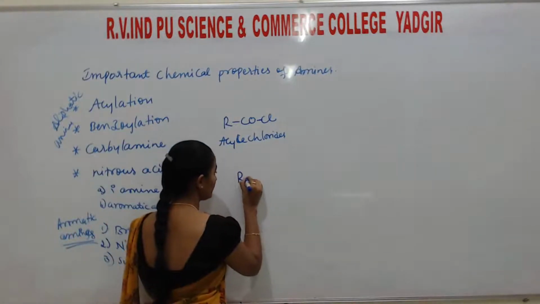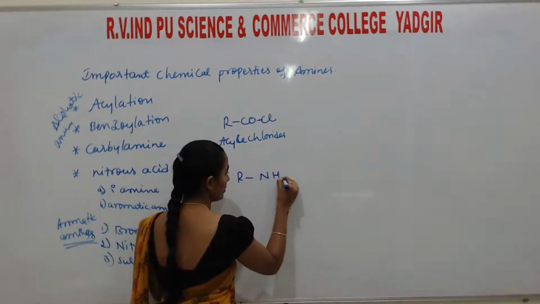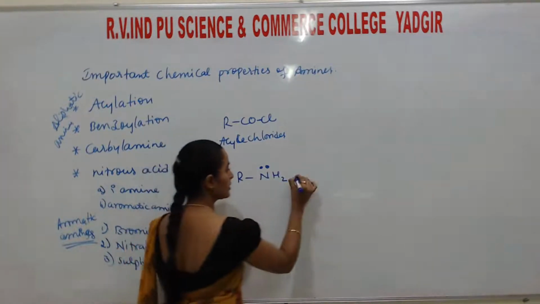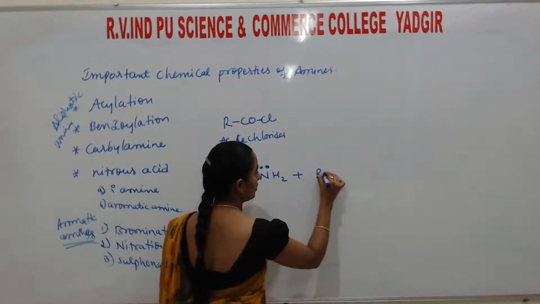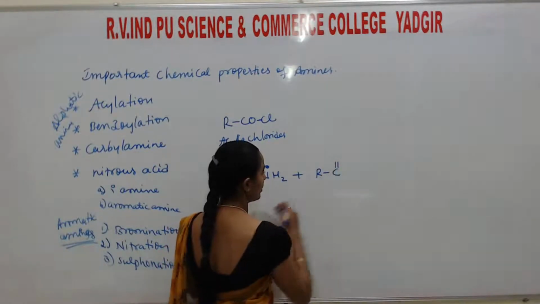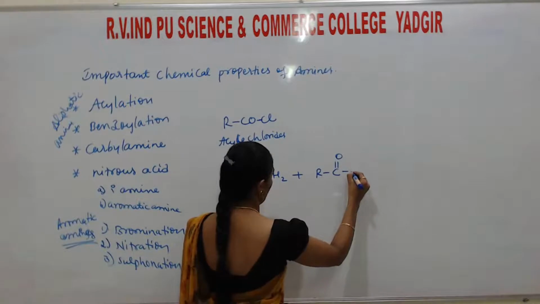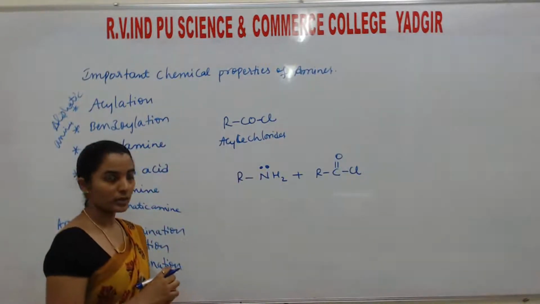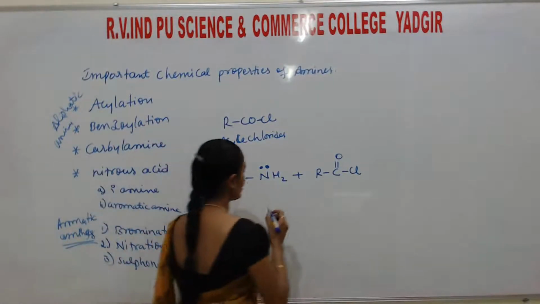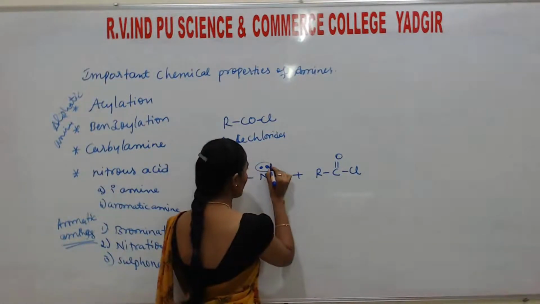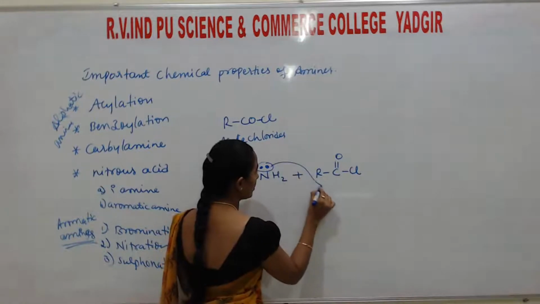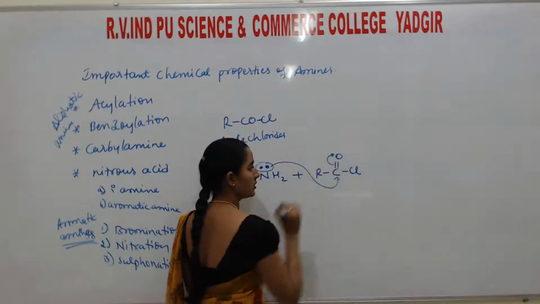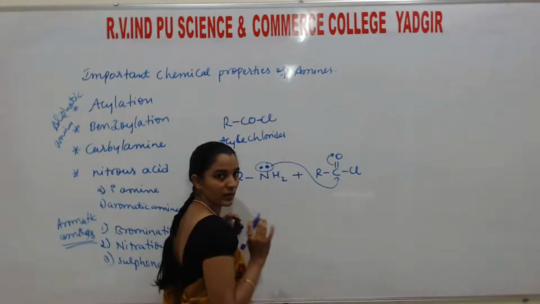So RNH2, here the lone pair of electrons is there, correct? It reacts with RC double bond O Cl. Then which type of reaction takes place? This lone pair of electrons attaches here and this electron shifts here. Understand?